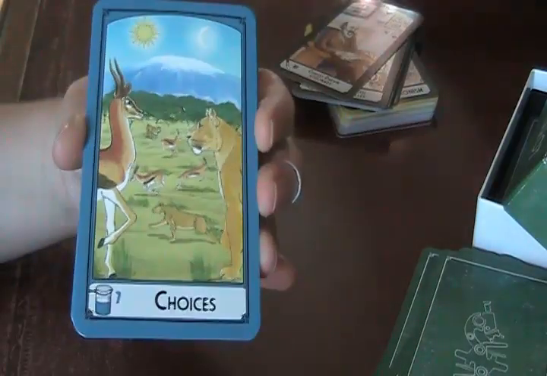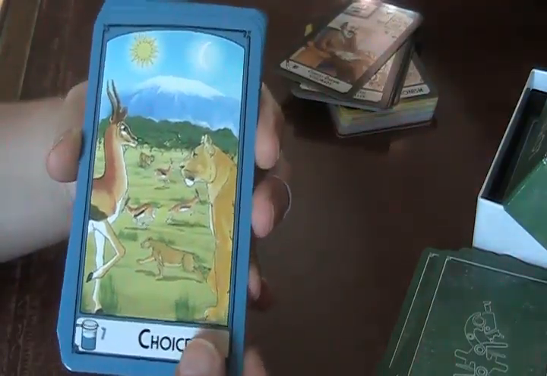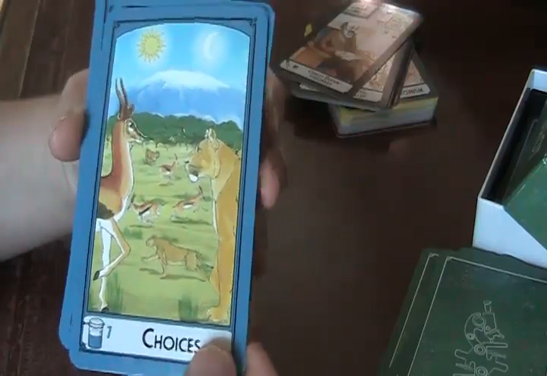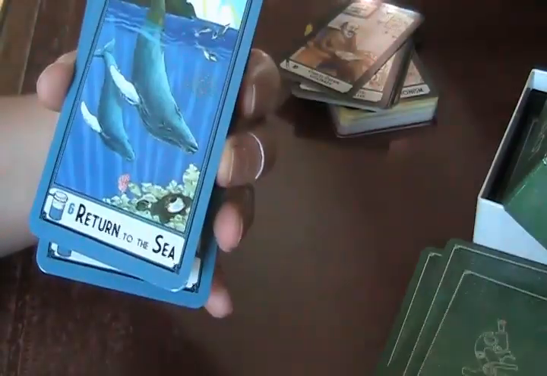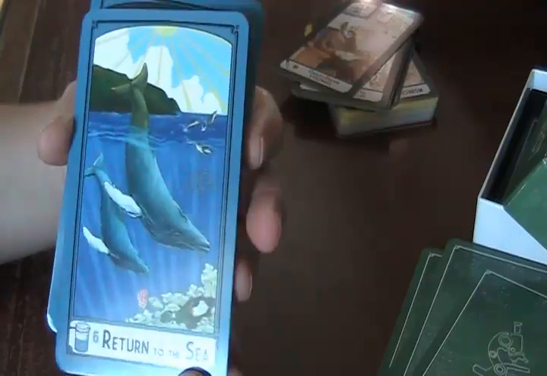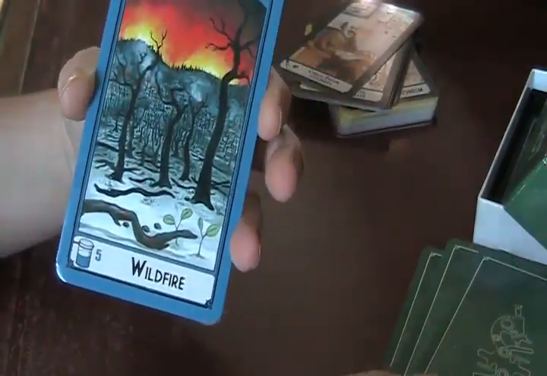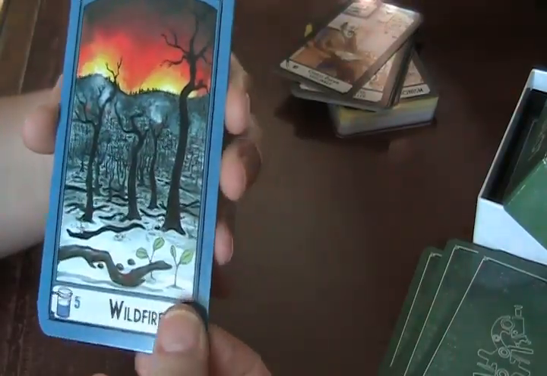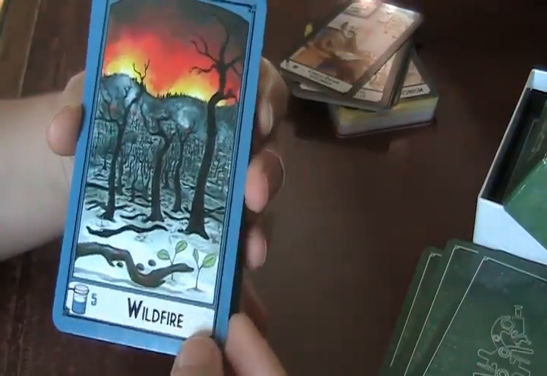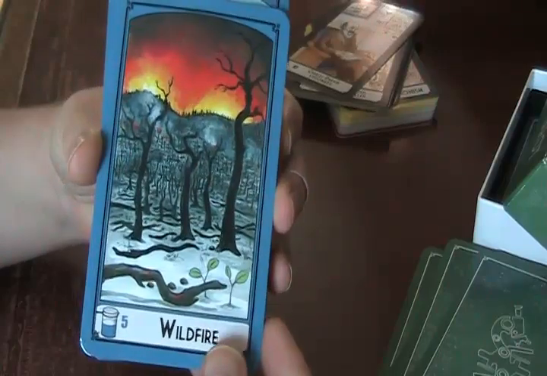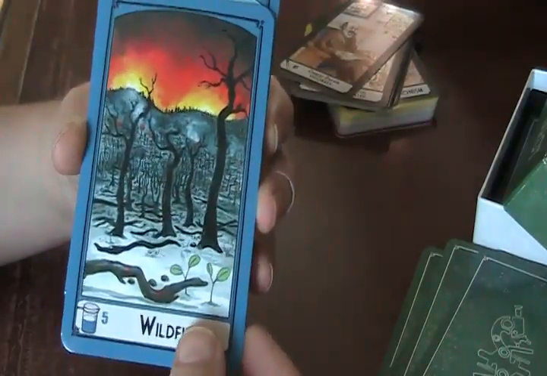Choices. To hunt or not to hunt. Day versus night. Return to the sea. 6 of Cups. 5 of Cups. Wildfire. Lack of water. So that's a disaster.